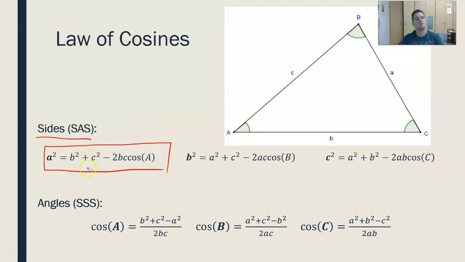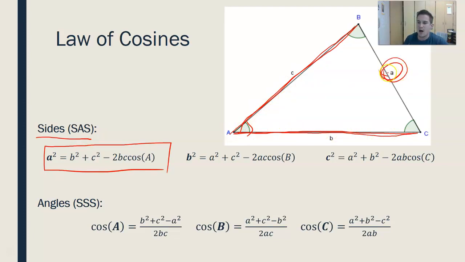So in this problem, what it says is if I know this side, this angle, and this side, and I'm trying to find this side right here, this is the law of cosines formula. a squared equals b squared plus c squared minus 2 times b times c times the cosine of A.